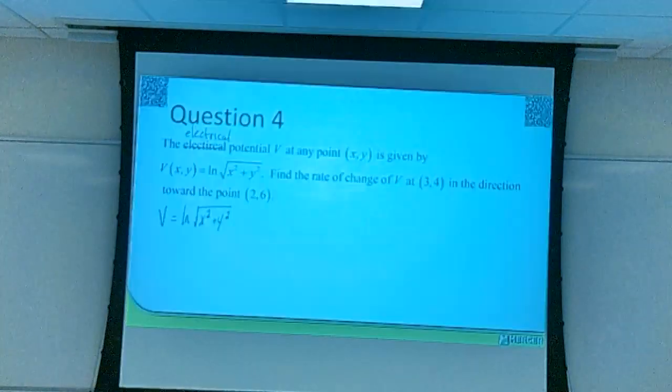Laws of logarithms. Easy. That is a lot easier to take the derivative of than the first one. Now, what is the partial with respect to x of that? x over x squared plus y squared.